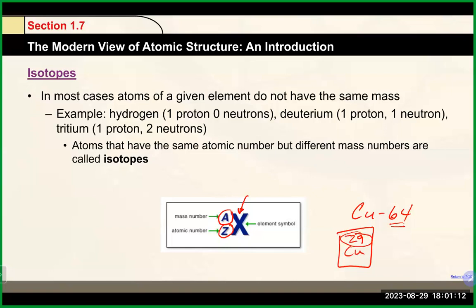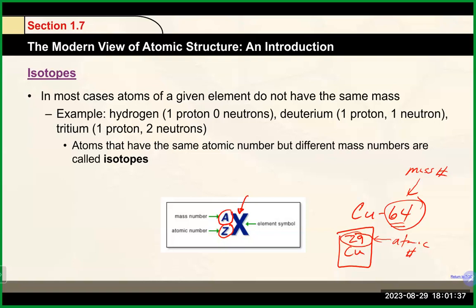Hopefully they haven't changed it after all these years. That's still 29, so that is its atomic number, which means by default that 64 is the mass number. So that's another very common way that isotopes are written: symbol, dash, a number, that number being the mass number, or again, mass number on top, atomic number on the bottom.